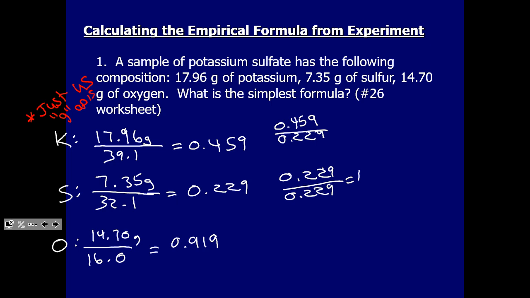It's close to 2. 0.919 divided by 0.229. That's 3 and a bit? 4? 4. No points, nothing on that. I think my last one probably has another one that has a point something on it. But this doesn't have it. K2SO4 is the empirical formula.